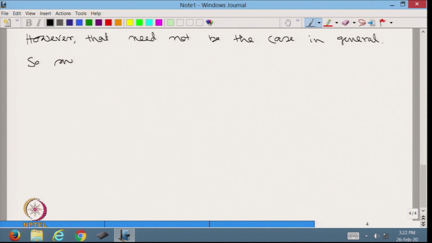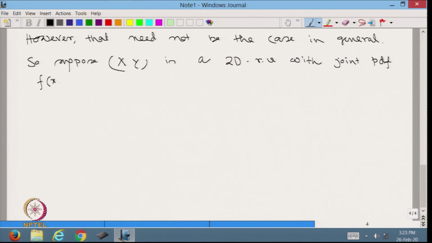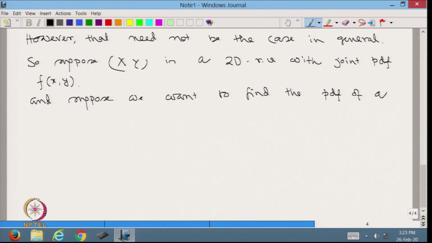So, suppose x y is a 2D random variable with joint PDF f of x y, and suppose we want to find the PDF of a function h of x y.